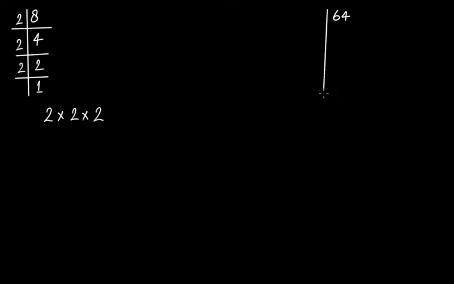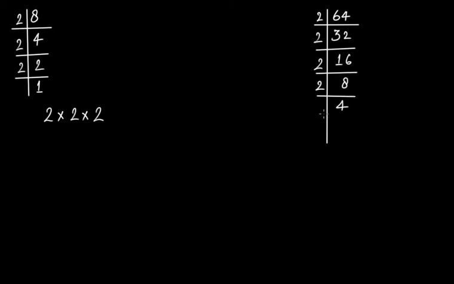If we do this for 64, you get 32, then 16, then 8, then 4, then 2, and then 1. So here you can write it as 2 times 2 times 2 times 2 times 2 times 2, that is 6 twos.